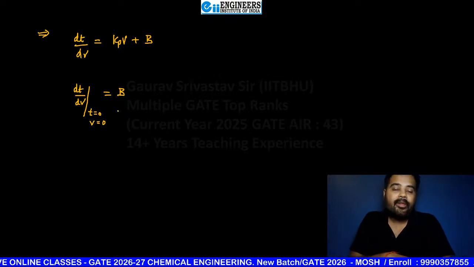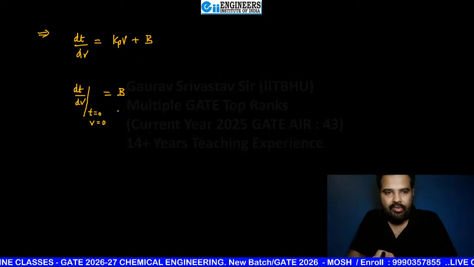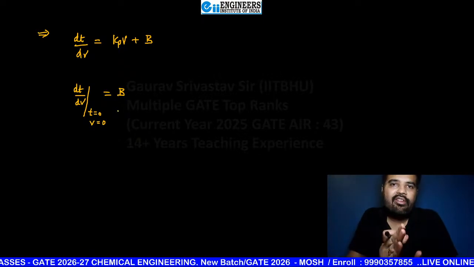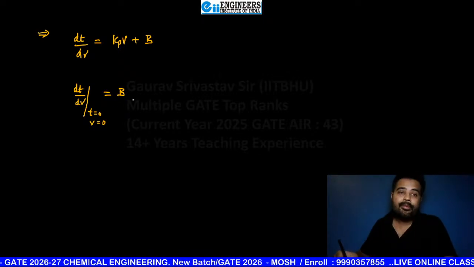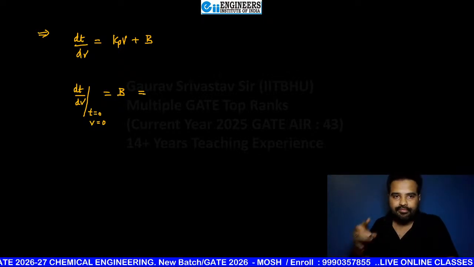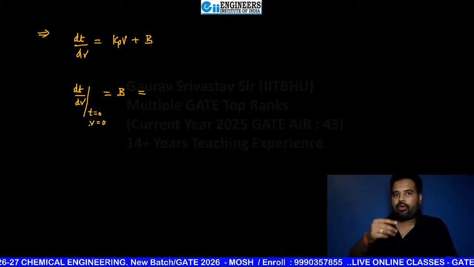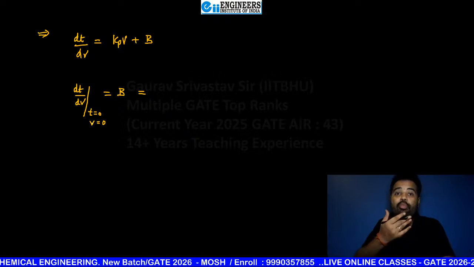So numerically we can feel it, it is going to give us the reciprocal of the initial volumetric flow rate. How, sir? You are telling initial flow rate, but v equals 0, it is just now going to pass.